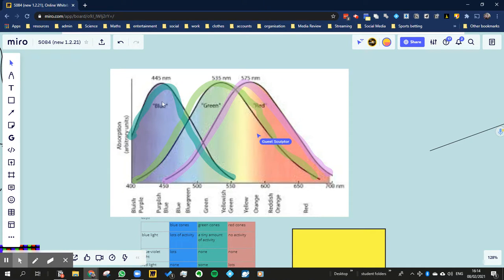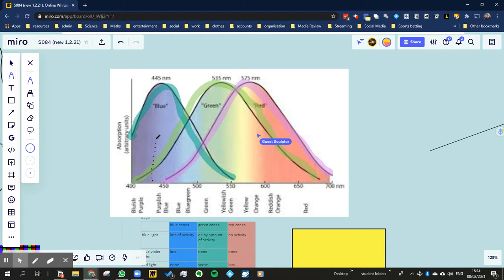So if we see blue light, then our so-called blue cone gets loads and loads of activity. It absorbs a lot of light. The green cone absorbs a little bit, but the blue one absorbs lots. Just to demonstrate exactly how I'm working that out, I'll draw a dotted line.